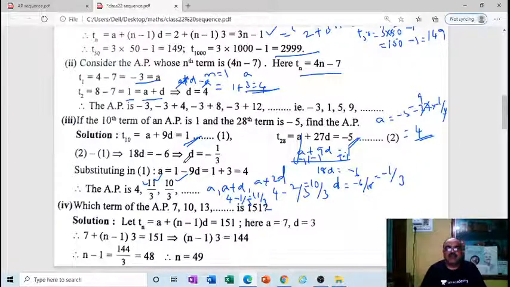Which term of the AP is 151? Which term of the AP is 151?